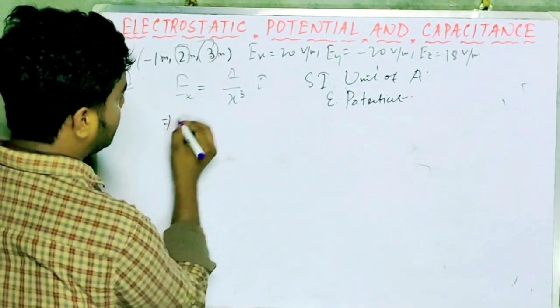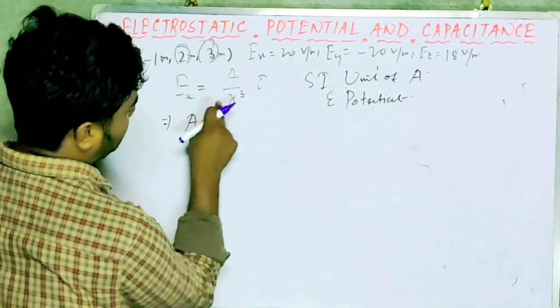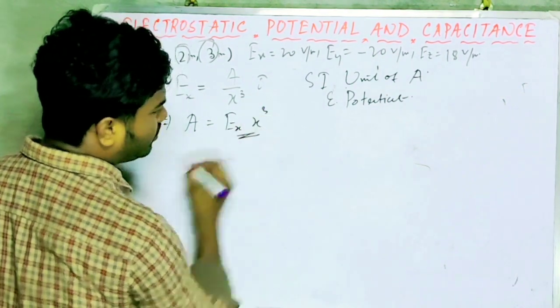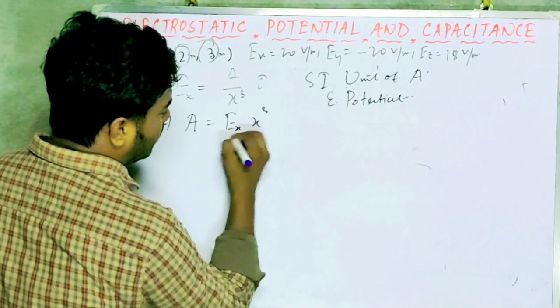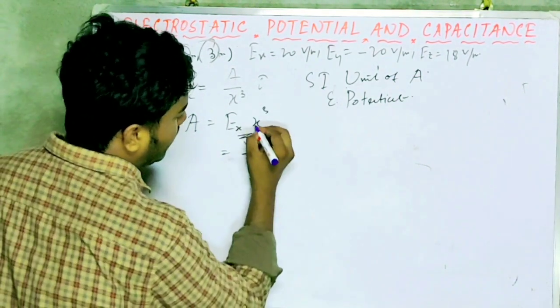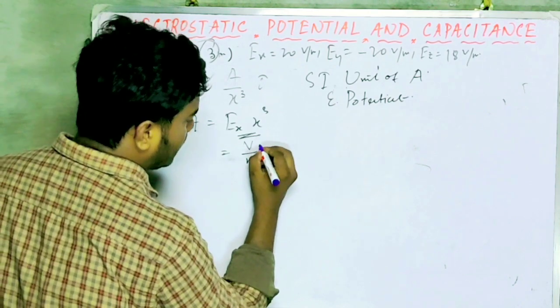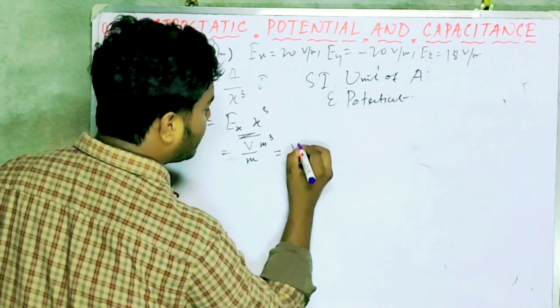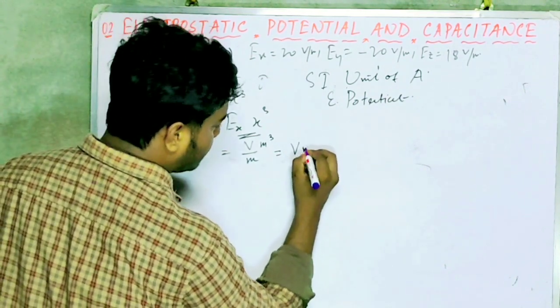So A is equal to, just cross multiply, Ex into x cube in magnitude form, and the unit of Ex is volt per meter, or you can write Newton per Coulomb, and x cube is meter cube. So this expression will be volt meter square.